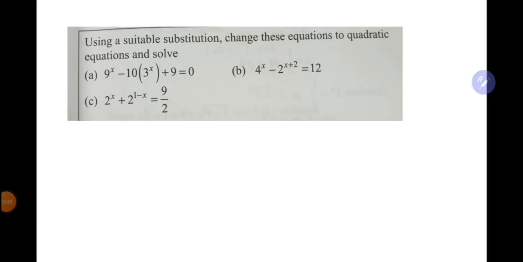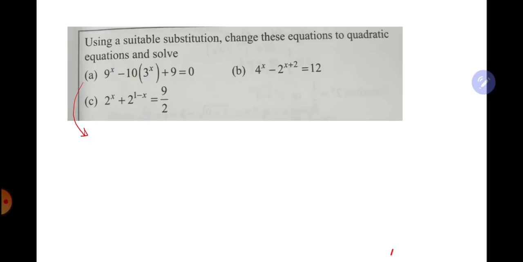Okay, so the first one, we have 9 power x minus 10 times 3 power x plus 9 equals to 0. Okay, so kalau disuruh tukar kepada quadratic equation, kan, kalau you tengok this one, you can rewrite this as, yang ni macam kalau you let y equals to 3 power x, kan, so you akan ada 10y.